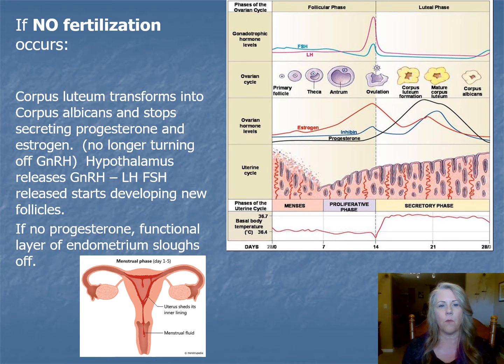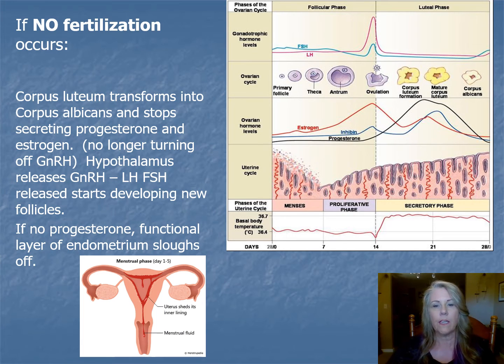Now we're going to talk about what if no fertilization occurs. Then what happens? After this, we'll talk about what if fertilization does occur. So first, if no fertilization occurs, now you have a different table right above me, and it's just a different view. It's just like the table that we looked at on the last slide, but we're adding in a few more factors.